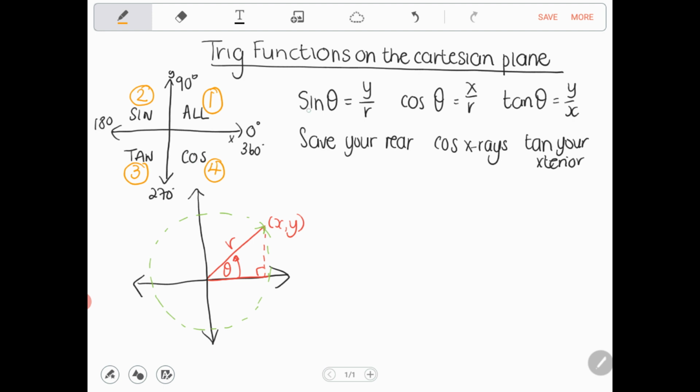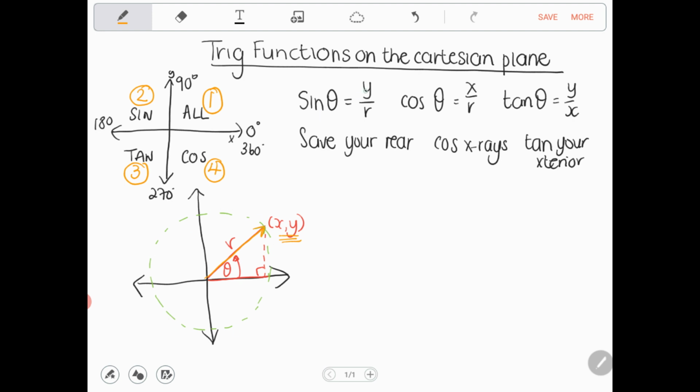We also looked at defining our trig ratios in terms of x, y, and r. x and y are your x and y coordinates on your Cartesian plane. And r is for the radius of the circle that you'd make if you went all the way around in this green dotted circle here.